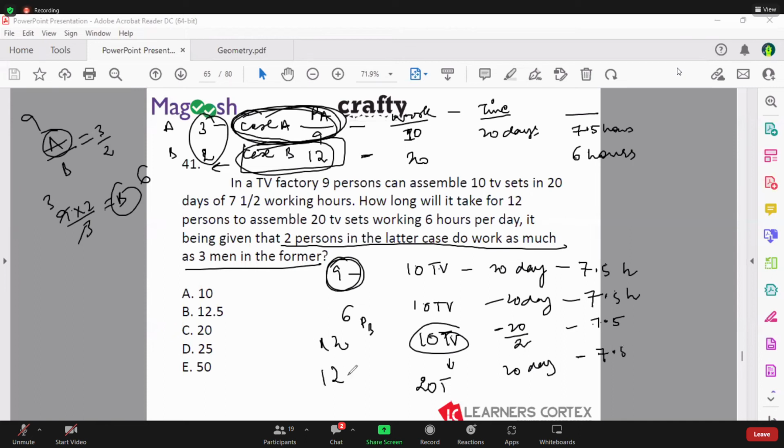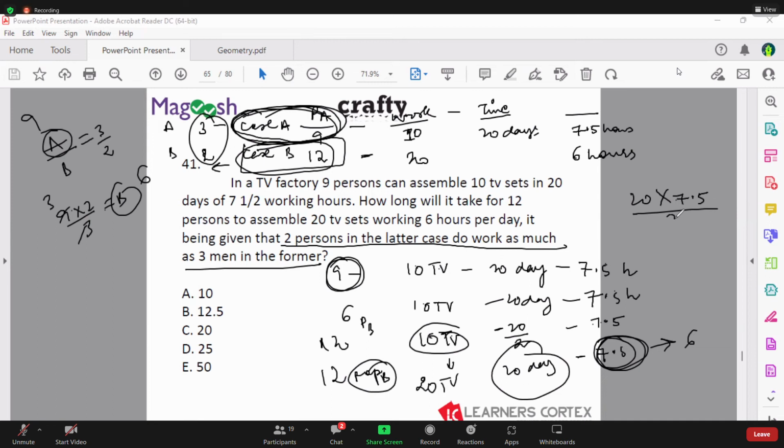Now this was 12 people again from set B. Now it says the working hours are supposed to be 6. So if the working hour was 1 per day, then the number of days would have increased by 7.5 times. This is when it is one working hour per day.